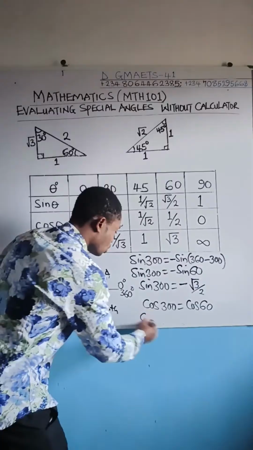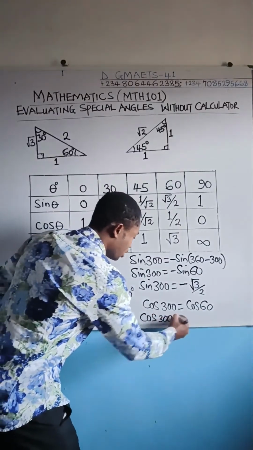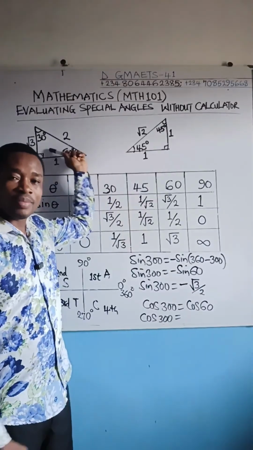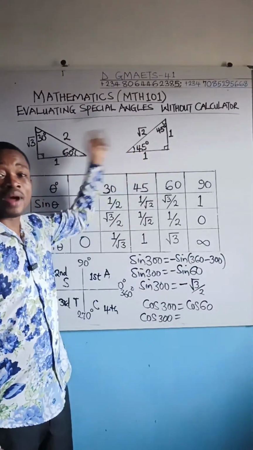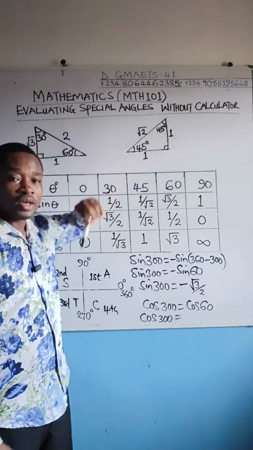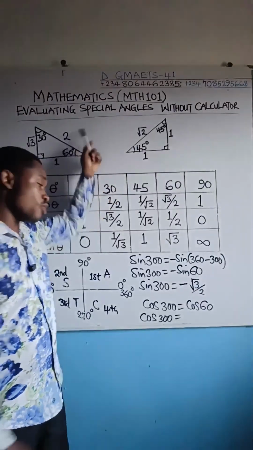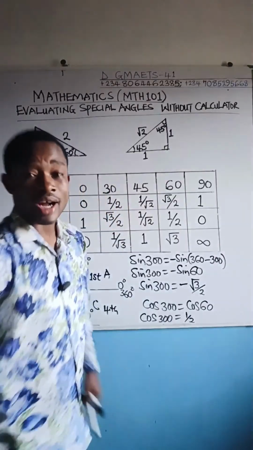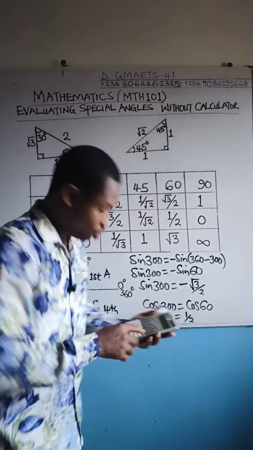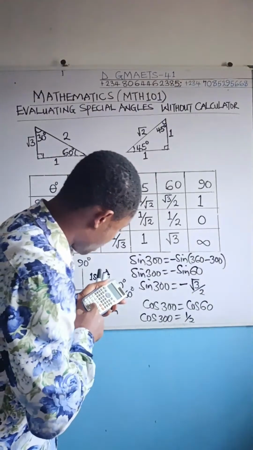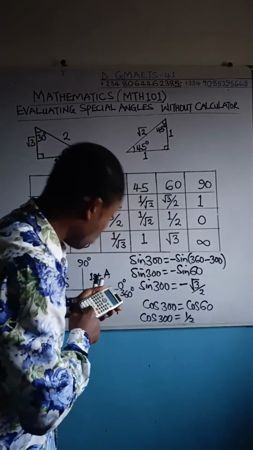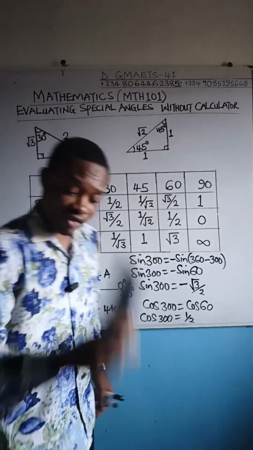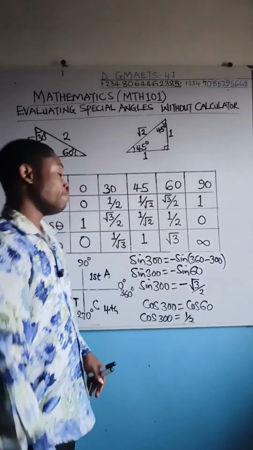Remember I told you yesterday, you have to memorize these two triangles. Cos 60 is 1 over 2. If you take your calculator and press cos 300, you can always verify what we are doing here. This is simply giving us 1 over 2.